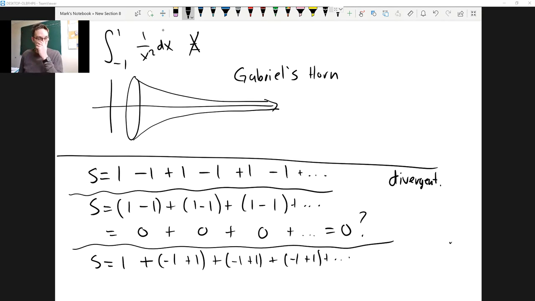So notice I'm still adding up the exact same things. All I did was just put some parentheses to change the order in which I think about the operations. And now notice we've got 1 plus 0 plus 0 plus 0. So obviously that should add up to 1, right?